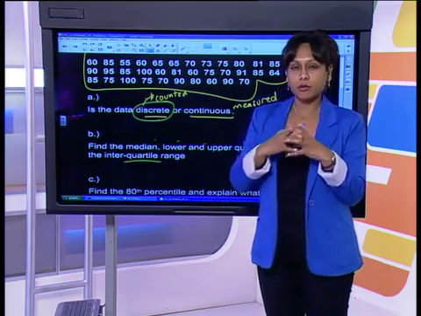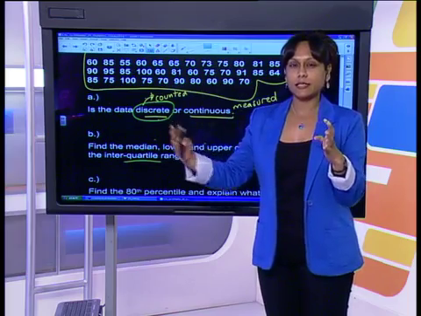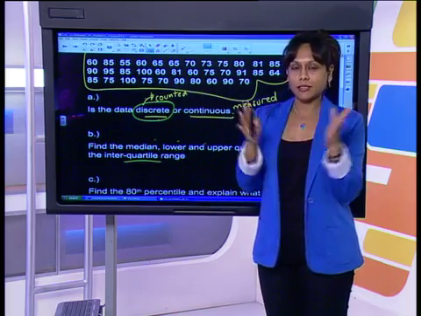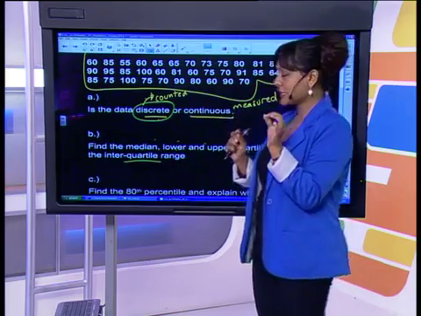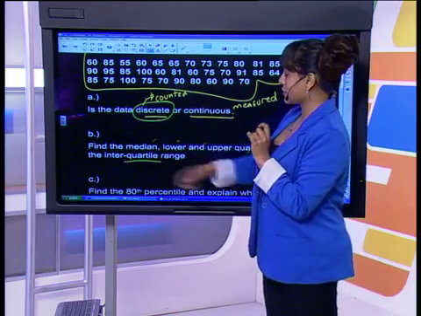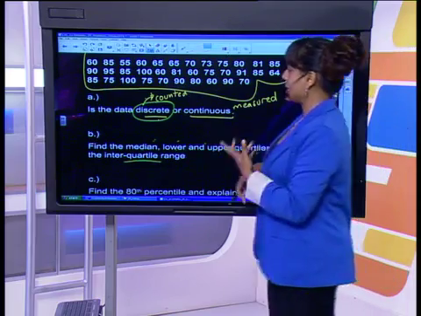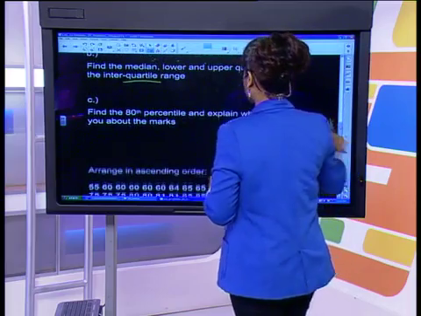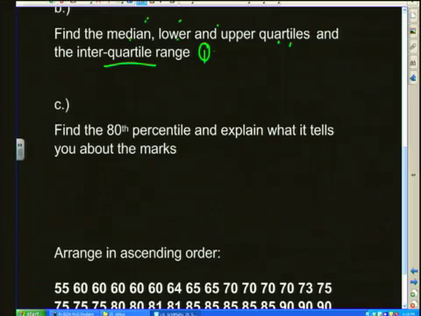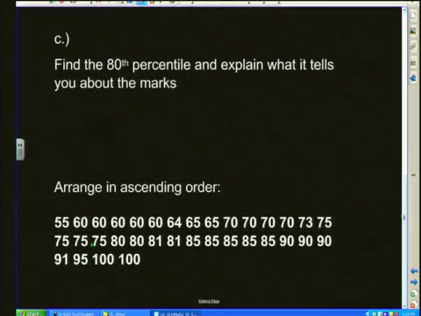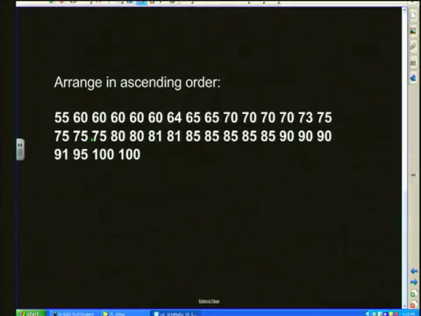Then, once we've got our ordered data set, we're going to determine our median, which remember is the centermost number, and then find our lower and upper quartiles and the interquartile range, which is the difference between the upper quartile and the lower quartile. So we've already arranged the data in ascending order, from the lowest mark, which is 55, to your highest mark, which was 100.